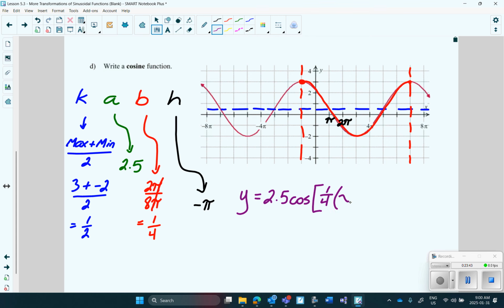Open parentheses, x minus the shift, which is minus pi, which changes to plus pi. And we got k at the end, which is plus 1/2 or plus 0.5, either one. So that was a pretty involved one.